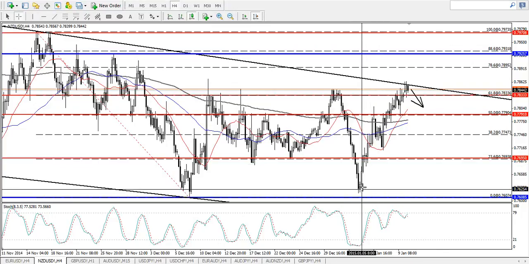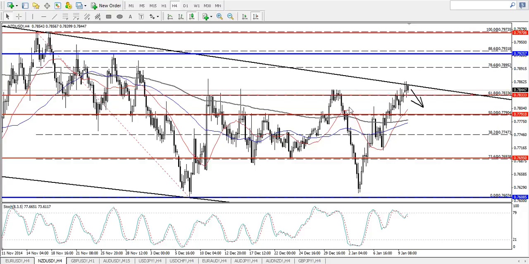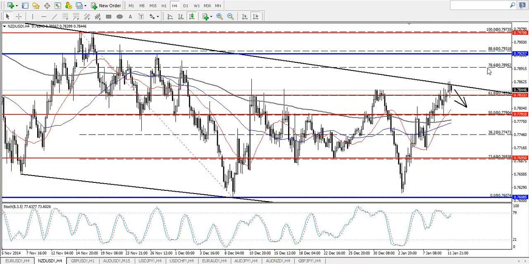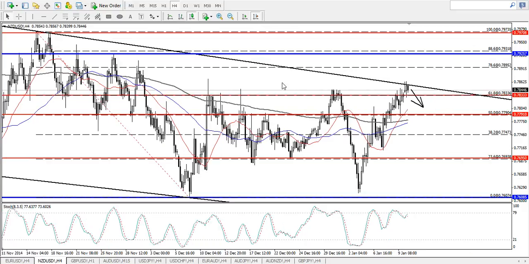However, based on the Fibonacci expansion measured from the bottom to the top over here, we are seeing that the final exhaustion level for this retracement itself is at the price of 0.7925, the blue horizontal line over here. So if price were to break above, then the next level we are looking at is over here, 0.7925, followed by the previous high over here at 0.7970.